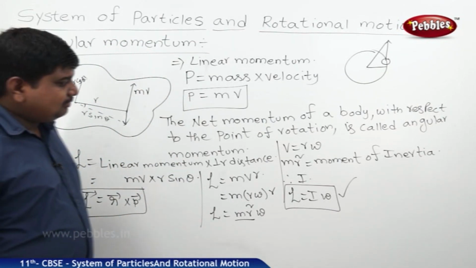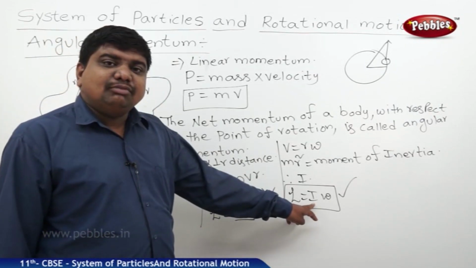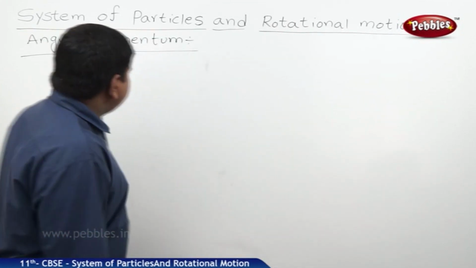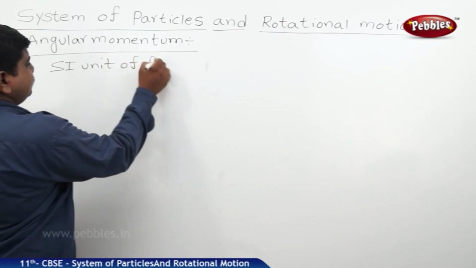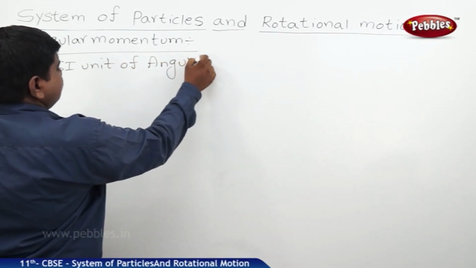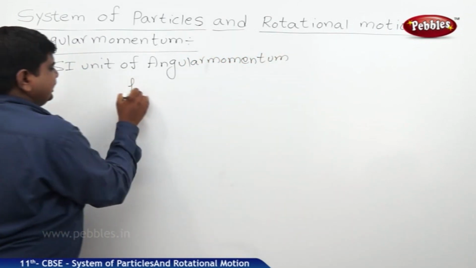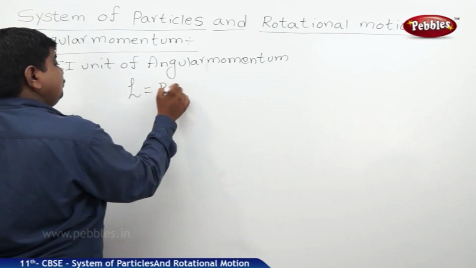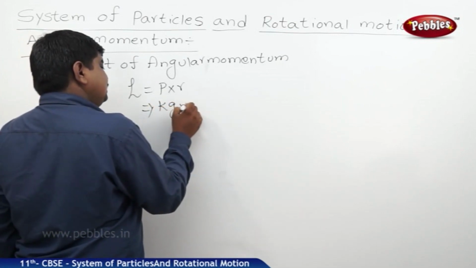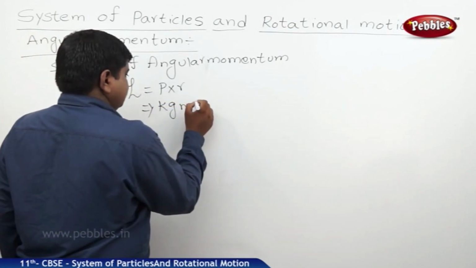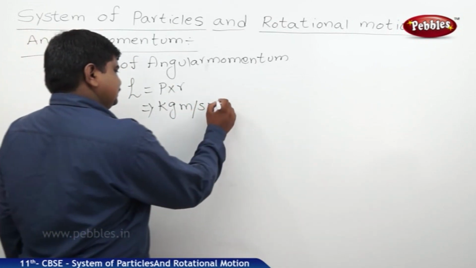Now we have derived three different expressions for angular momentum of the body. One is in vector form, another one associated with the linear velocity, and the third one associated with the moment of inertia. So the SI unit of angular momentum: the expression is L is equal to P into R. For momentum it is kg meter per second, into R which is meter.